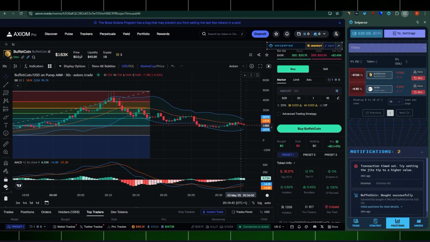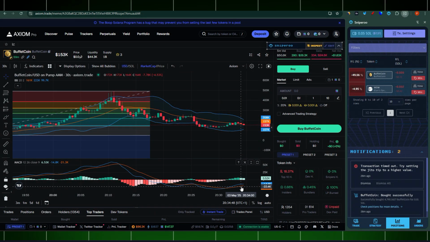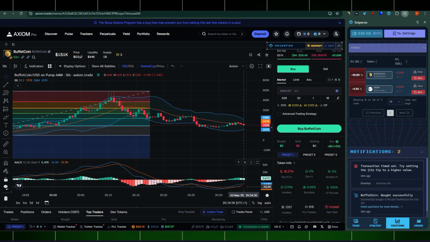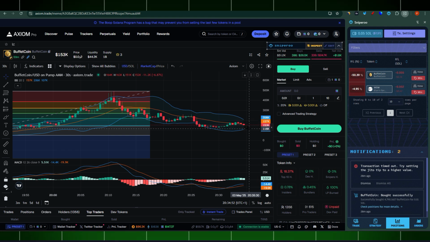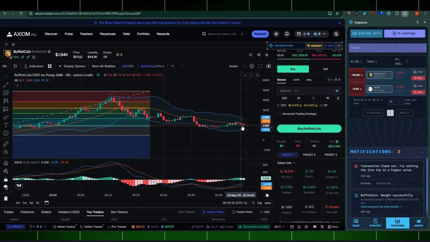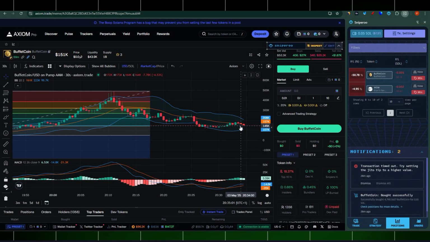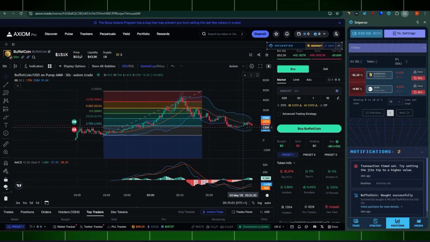But we see there is very strong selling pressure going on. So the MACD is just about to cross again, so we'll see if that will cross again. It might go up. I don't know. We'll see how it goes.